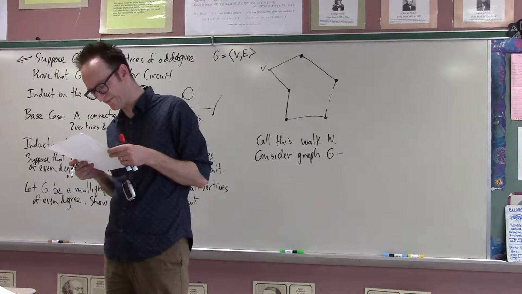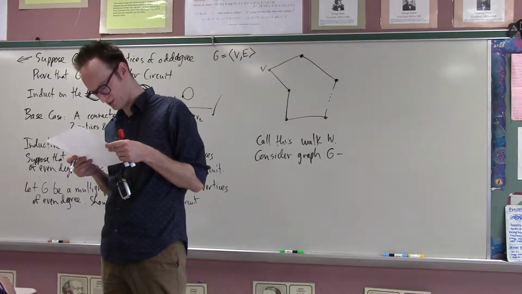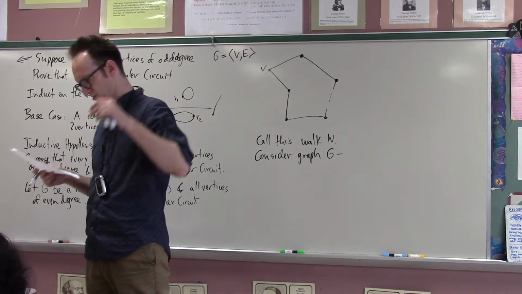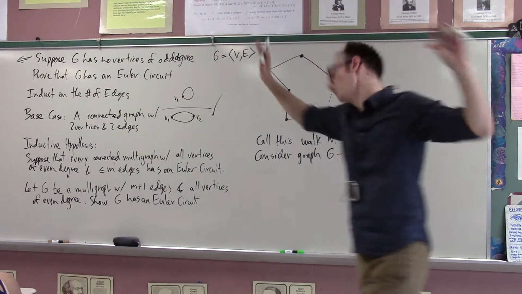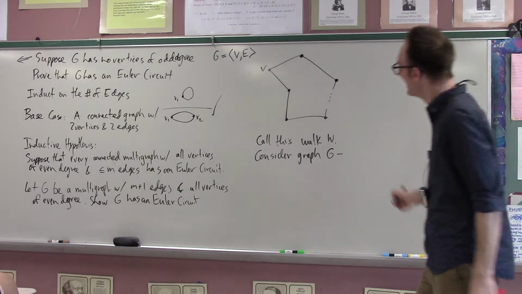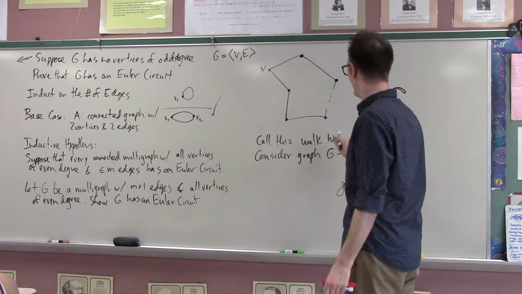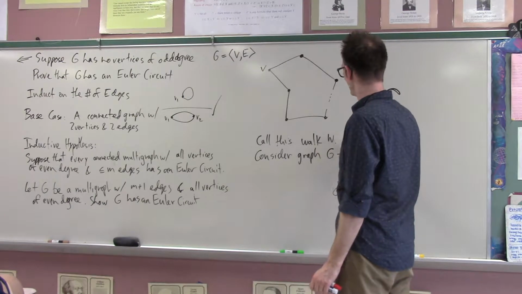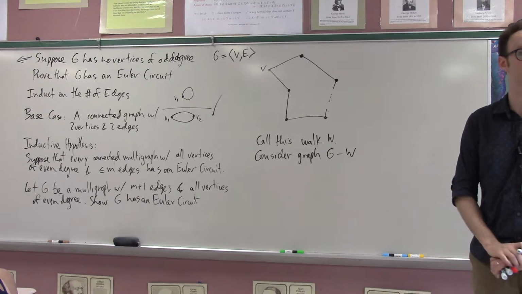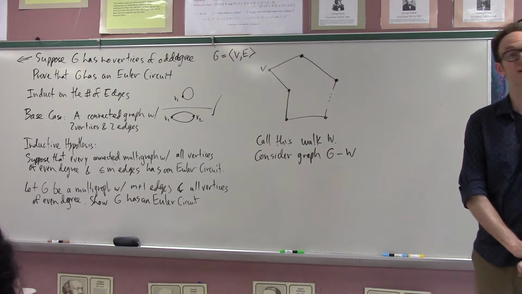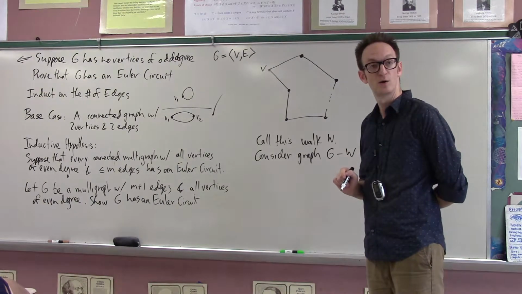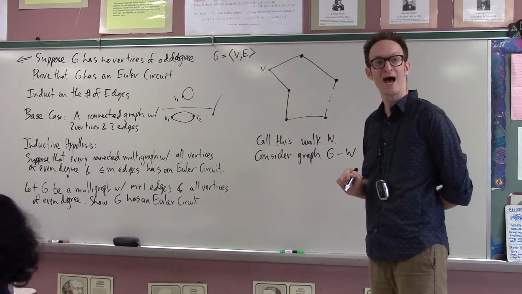I should have written this myself. Call this walk W. So now consider the graph G minus W. This might be a mild abuse of notation, but what I'm trying to say is take the graph in which we've removed all the edges of this walk W.